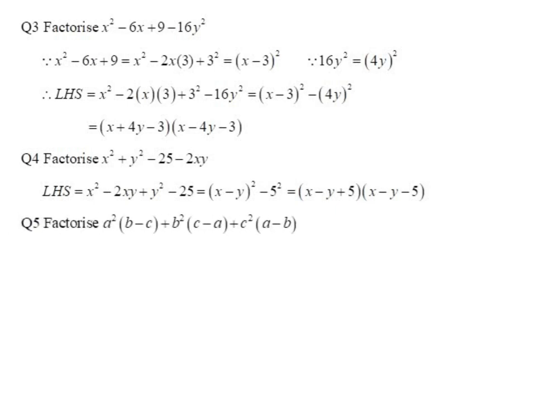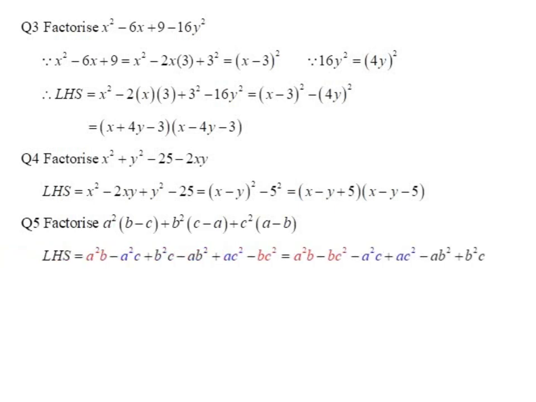Question 5 is asking to factorize a²(b − c) + b²(c − a) + c²(a − b). First, there's no common factor that can be found among all the terms, and we can't apply any existing formulas directly.